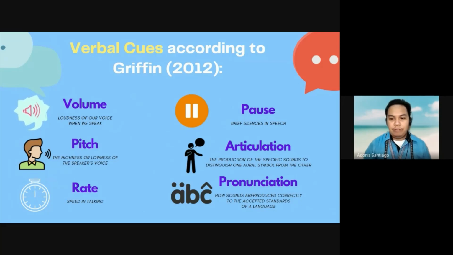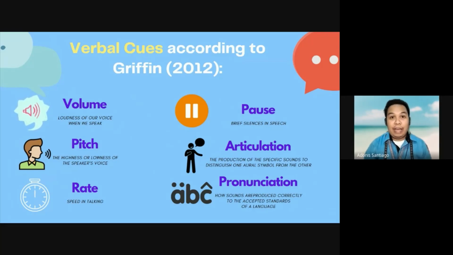We also have those people who have high pitches, right? So it can be the highness or the lowness of the speaker's voice. When a person speaks in a very high pitch, it is uncomfortable for us to listen. So with that, we tend not to listen completely to the speaker's message.